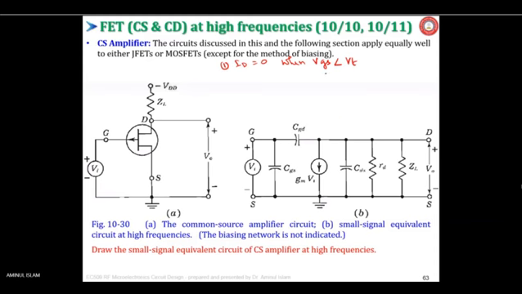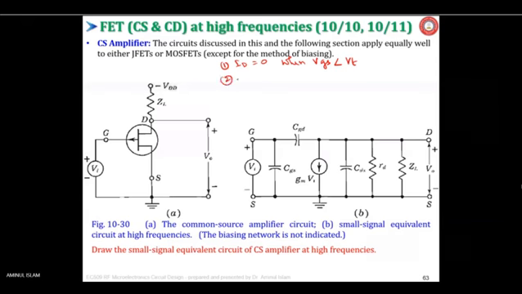Threshold voltage is the gate voltage such that the inversion layer formed is negligible, not yet formed properly. If you increase VGS greater than the threshold voltage, then only the inversion layer will be formed, and then current may flow if you are applying VDS. So ID equals 0 when VGS is less than VT.